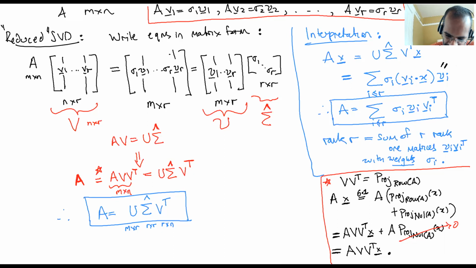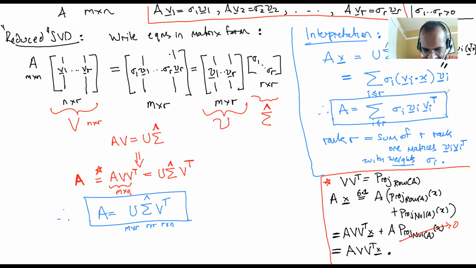This is really the summation of sigma i Ui Vi transpose times X. But that's exactly what's written down there, if you remove the parentheses and move the X to the front. Okay, yeah, that makes sense. Yeah, it's a little confusing.